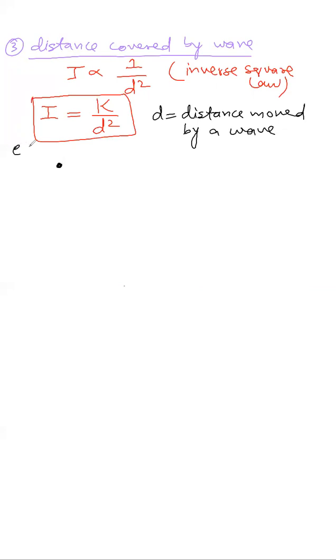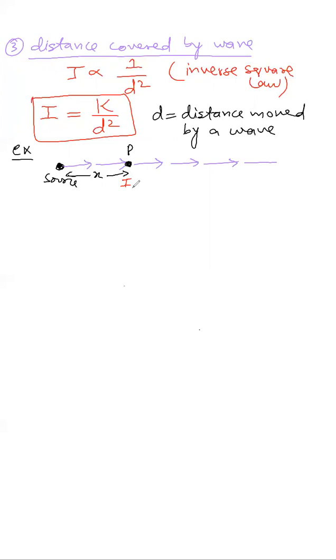Let me tell you this with an example. Let's say this is the source which is generating a wave, and this wave is going along this path. If the wave reaches this point P, which is at a distance of x, its intensity is I at this point.